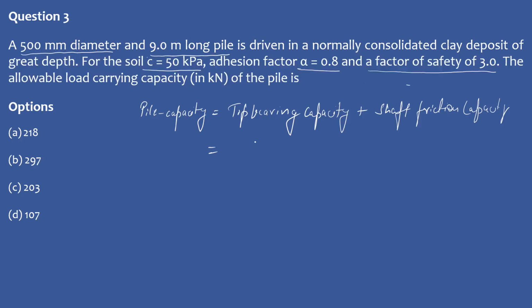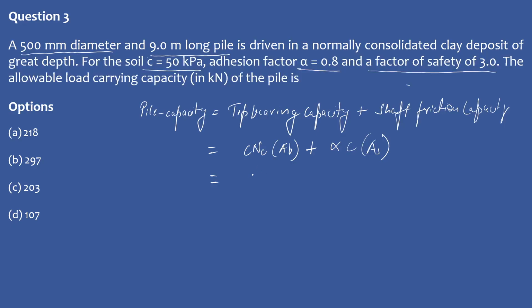Your tip bearing capacity is given by C and Nc, times the area of your base, and your shaft friction capacity will be given by the adhesion factor alpha with your C value, times the area of the shaft, right?